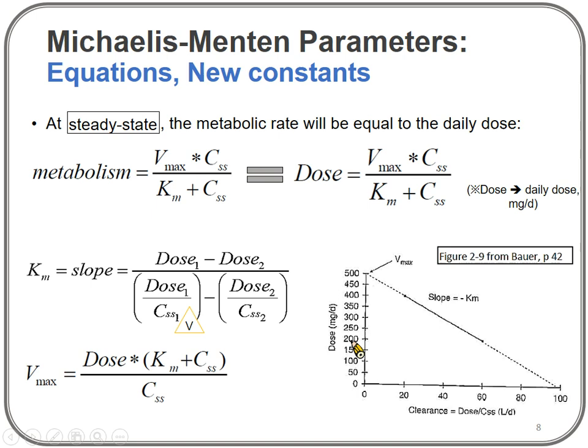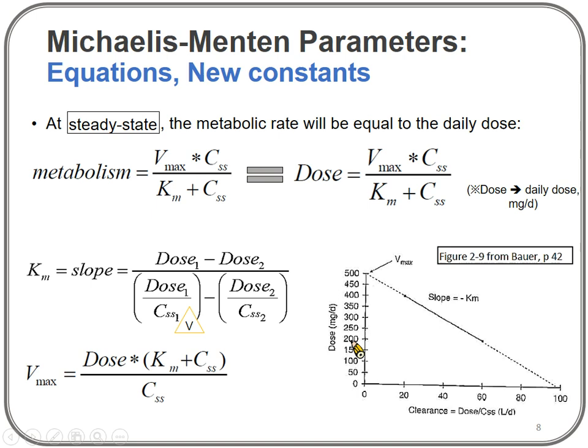So here are the equations I listed for you. No worry about remembering all these, but if you have interest, feel free to. So what should we learn from this? This is everything about the Michaelis-Menten or mixed order medications. At steady state, when the metabolic saturation goes to a steady plateau constant, the metabolic rate will be equal to the daily dose in this MM model.